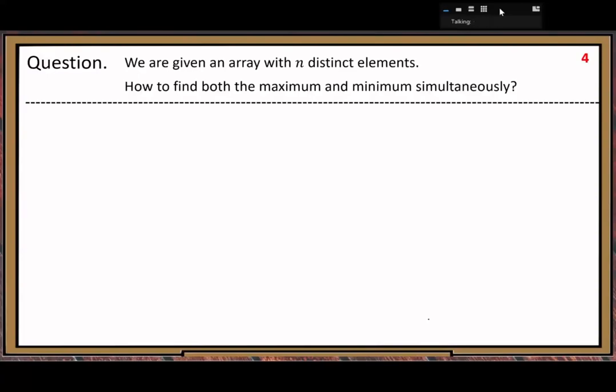Here, let me explain this simultaneously a little more. Suppose we have some algorithm to find a solution. When we run this algorithm, the output is both maximum and minimum. We run this algorithm just once.